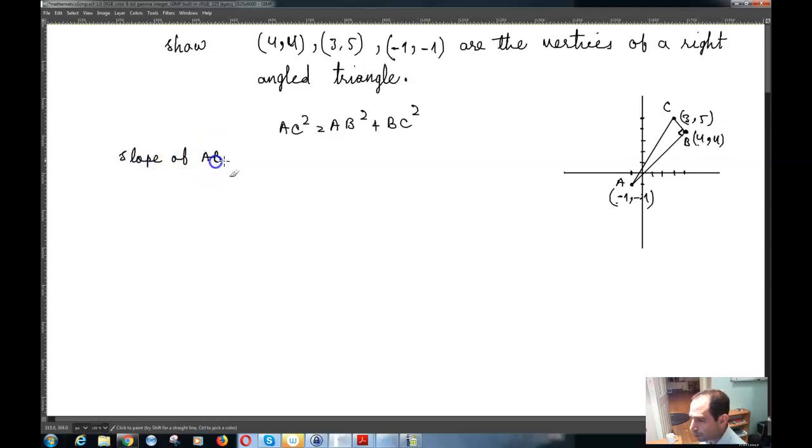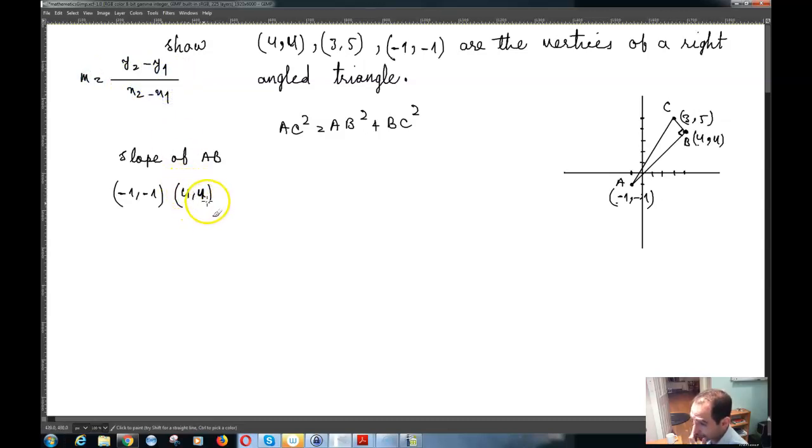You have these 2 points, -1, -1 and 4, 4, and the formula for this, as you know, is m equals y2 minus y1 over x2 minus x1.